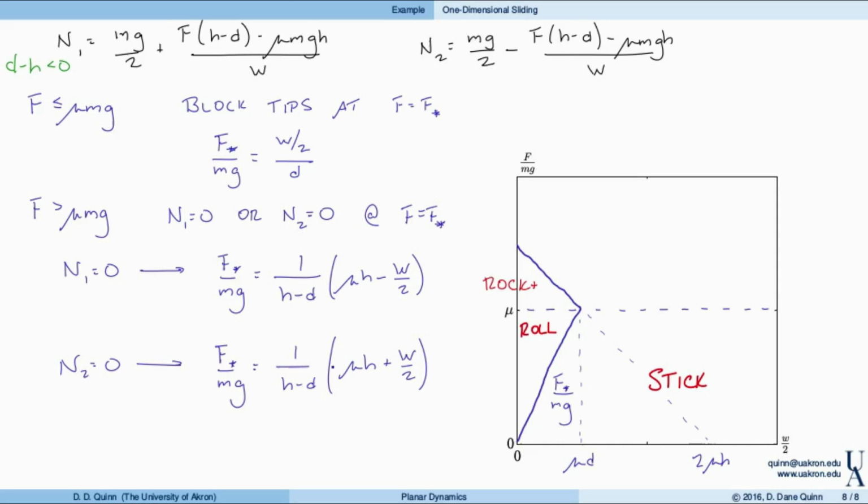Then, if I go and plot this expression, I have a line that sort of comes here, and it would extend all the way up and continue on forever. So now we have the three regions. Steady slip is over here.